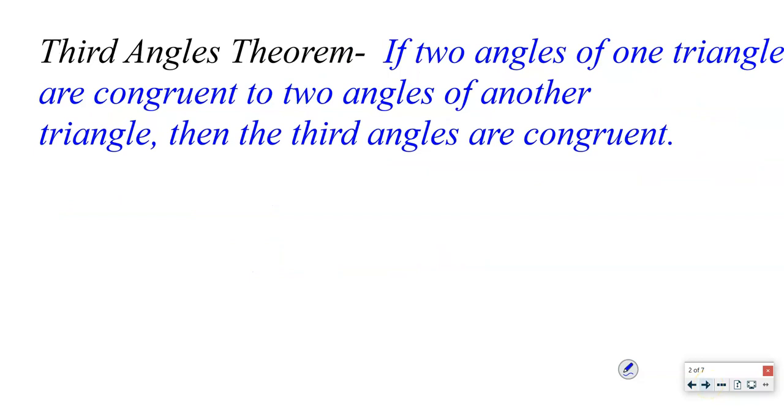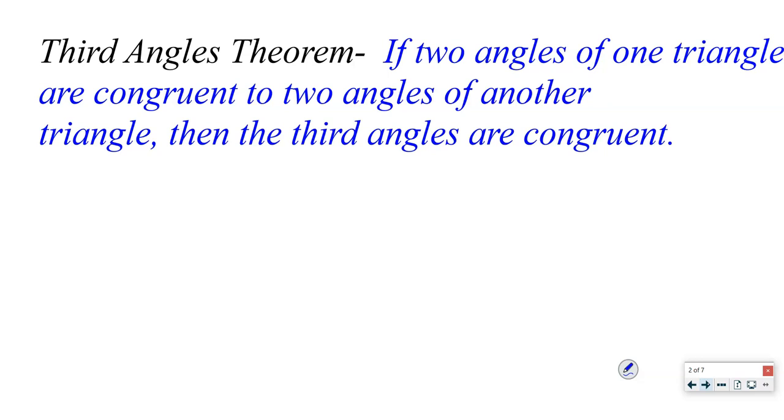Third angles theorem. If two angles of one triangle are congruent to two angles of another triangle, then the third angles are congruent. And that should make sense. If you've got two angles that are congruent to two other angles, that third angle is going to have to be the same because all three angles have to add up to 180.